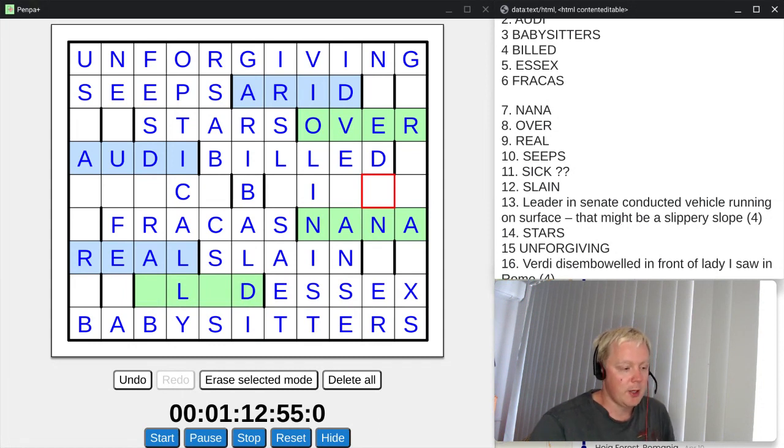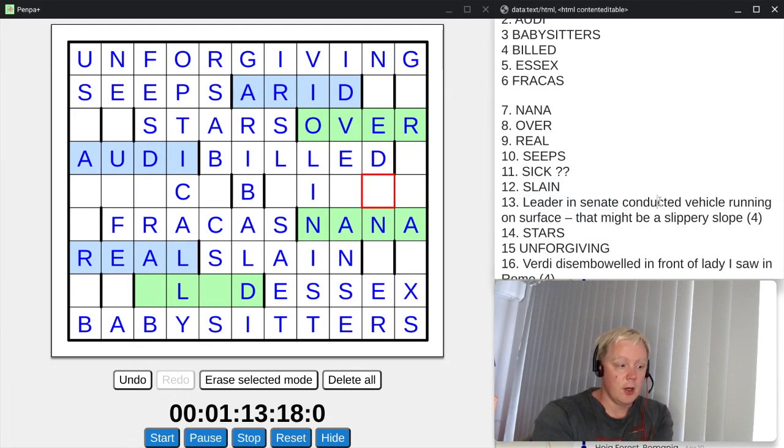Now here it's a pretty unusual definition, but the wordplay is leader in Senate, which if you see a leader in cryptic crossword, is pretty much always the lead letter, the first letter in the word Senate. So leader in Senate, S, and indeed we need a word starting with S because it's between stars and slain.